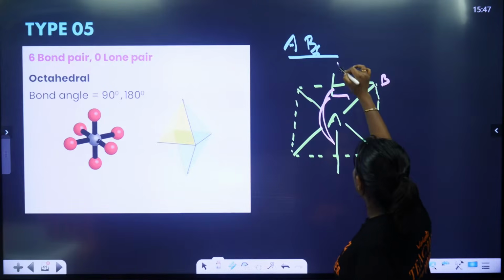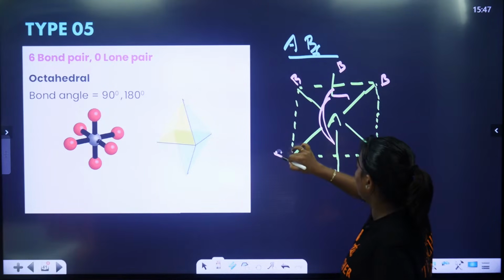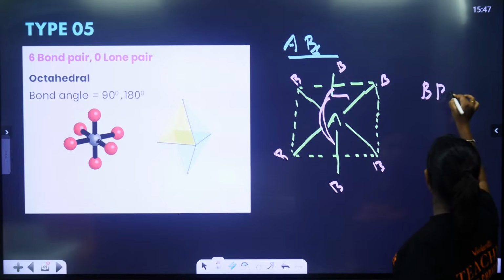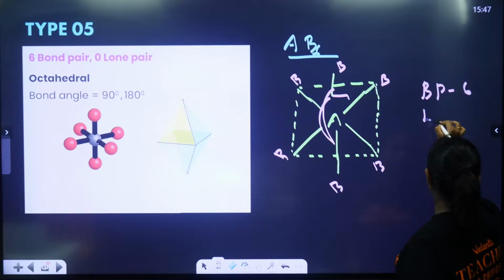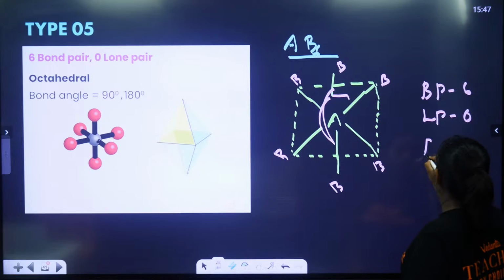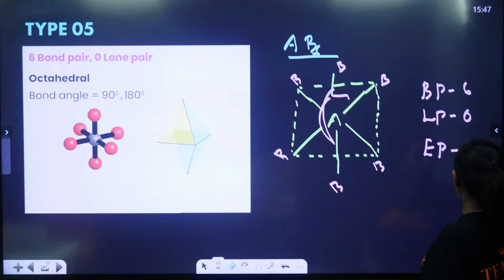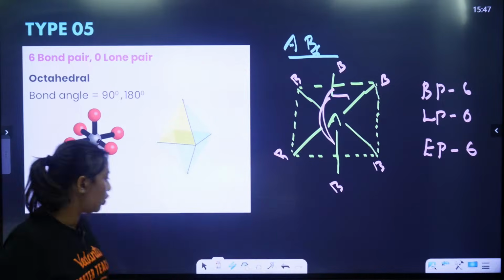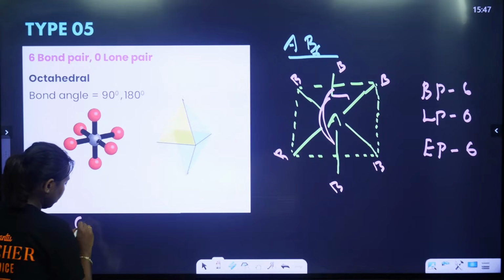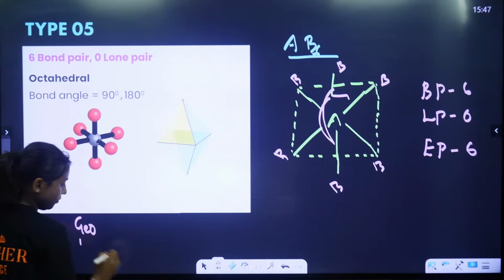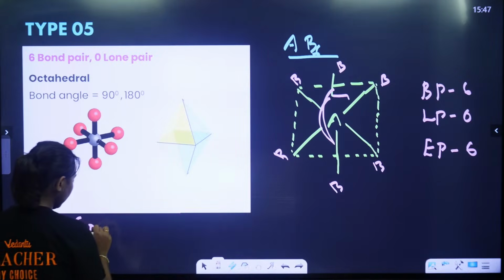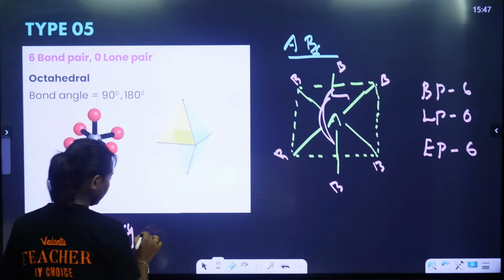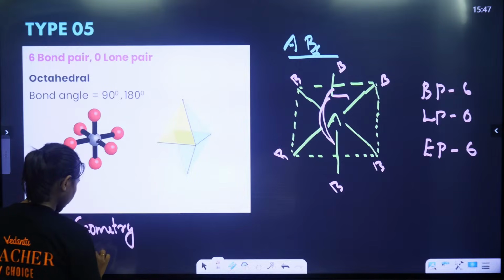So here I am writing bond pair is 6 and lone pair is 0. EP is equal to bond pair plus lone pair, you will get 6. So what is the geometry and shape?